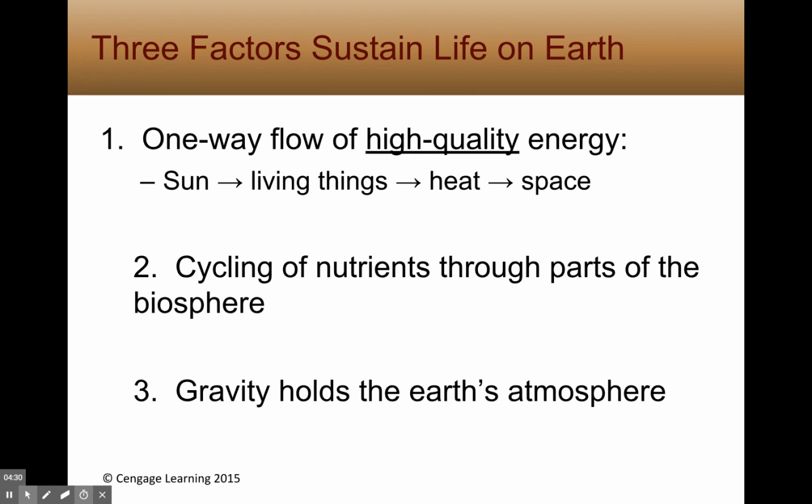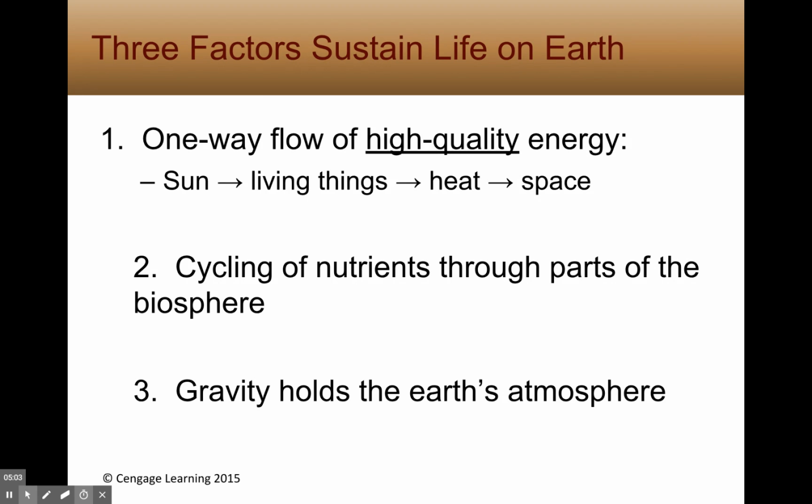There are three factors that sustain life on Earth. The first factor is that we have a one-way flow of high quality energy, and that comes from the sun, which goes down into the plants. Plants are then consumed by other living things. Those living things give off energy in the form of heat, and eventually that heat radiates out into space. There's no recycling of this because of the second law of thermodynamics.